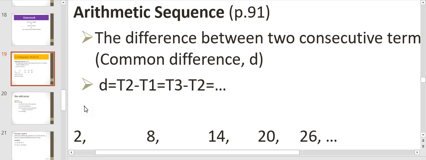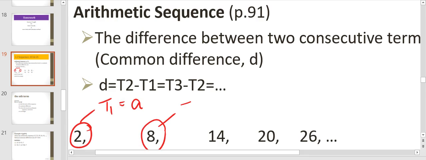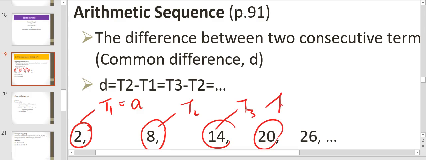In other words, it is your a. Then 8 here represents term 2, followed by term 3, term 4, term 5, and so on. These are very simple, right?